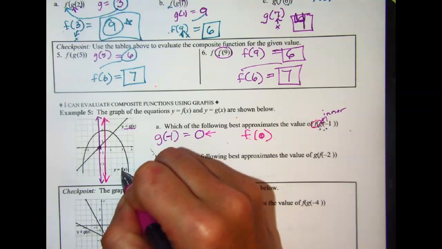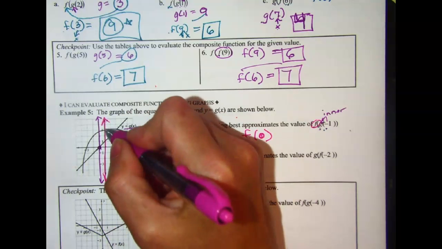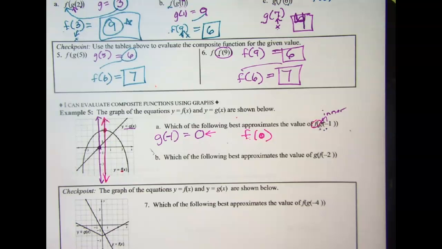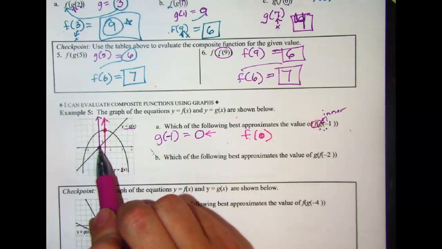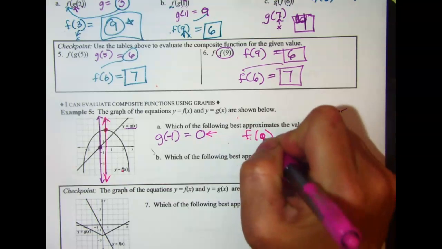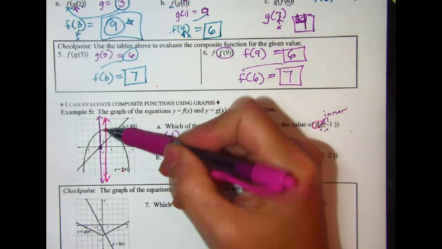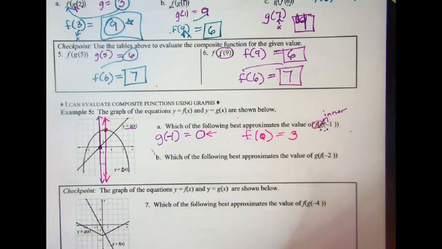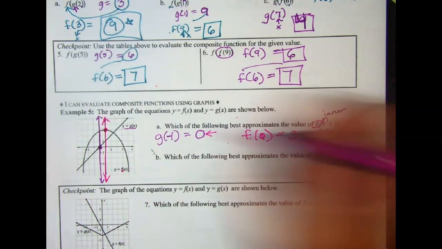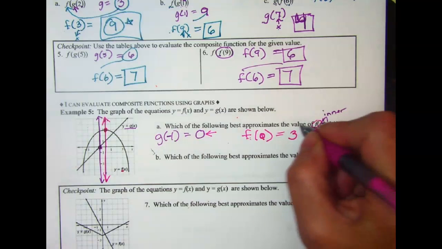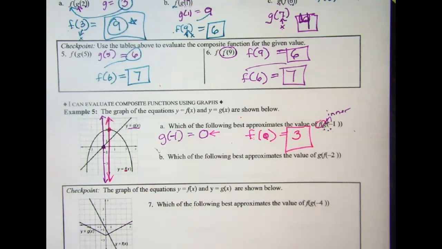Where does it hit? Right here. We want when x is 0, so we're looking at where it hits here, and it actually hits at 3. So it's 0, 3. So we're looking at the number 3 as our final answer.